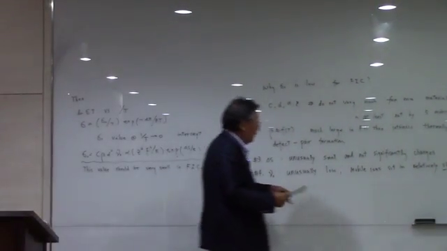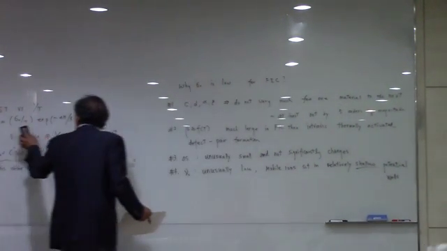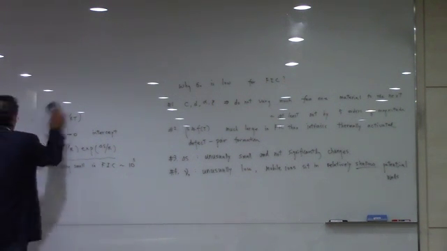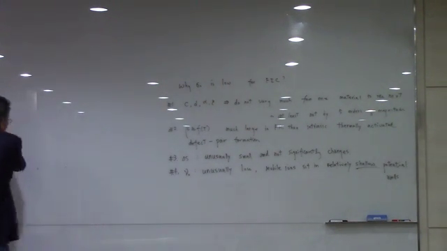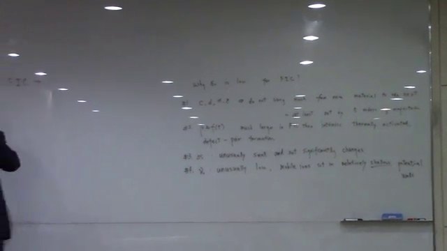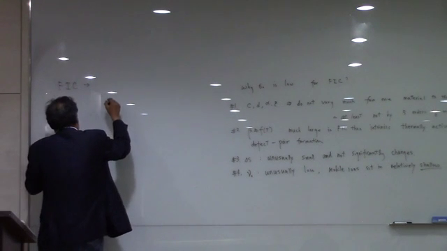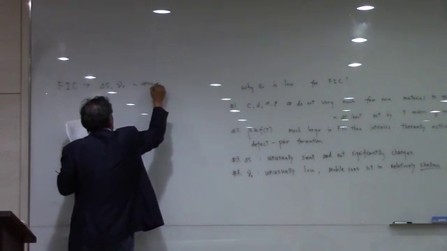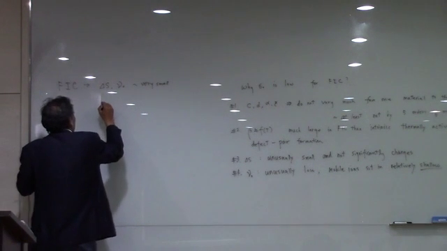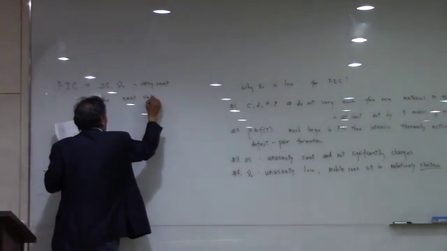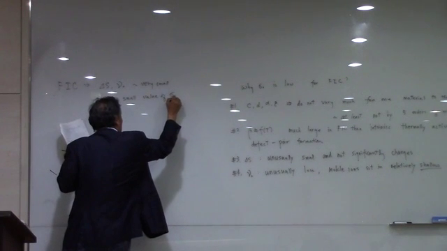So we can conclude that in fast ionic conductors, delta S and nu naught are very small, for a small value of sigma naught.